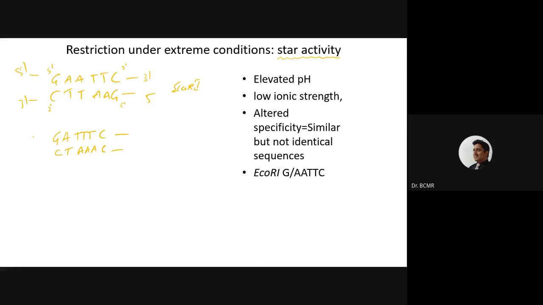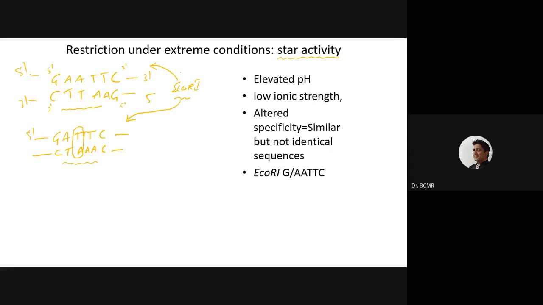This is a sequence similar to the above sequence, but it is not identical. It is similar in most positions except this one, where there is a variation. If everything is optimal, EcoR1 would not recognize and cleave it. It would cleave only here.